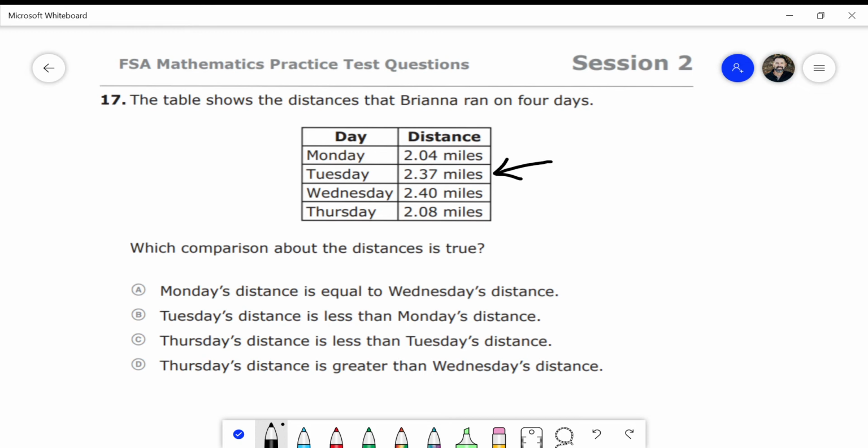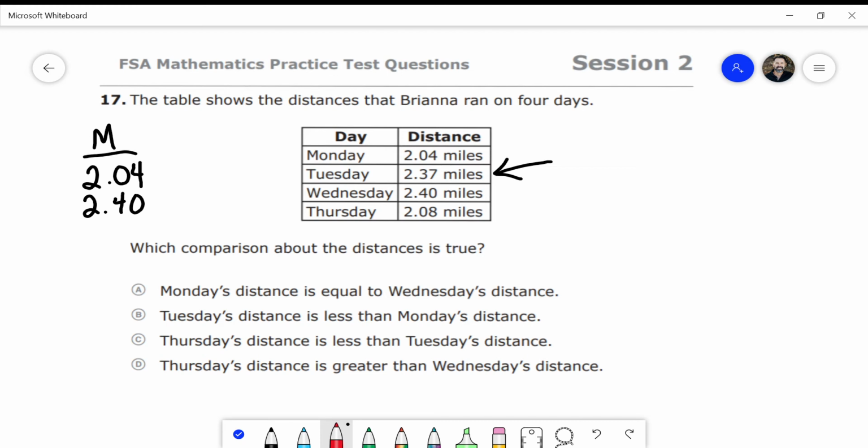And so letter A or bubble A says Monday's distance is equal to Wednesday. So if I write it out for Monday, I got Monday has 2 4/100ths, and Wednesday is 2 40/100ths. What you want to do is make sure you're just comparing starting from the greatest place value to the smallest.